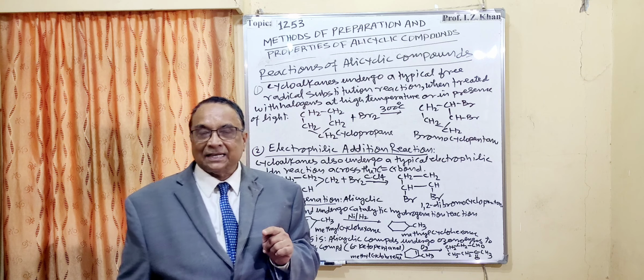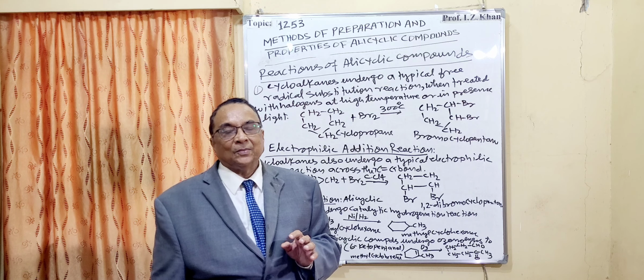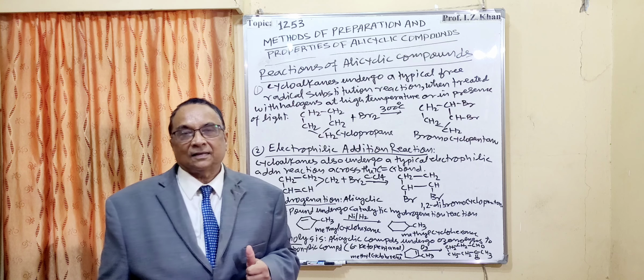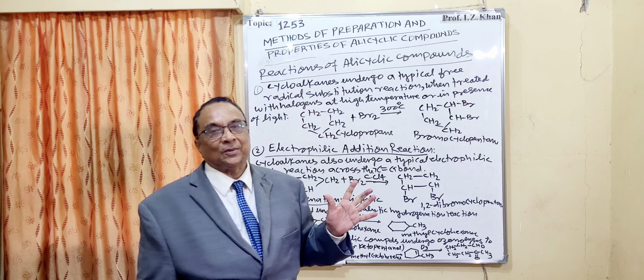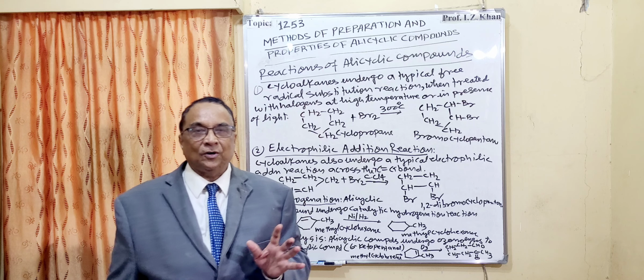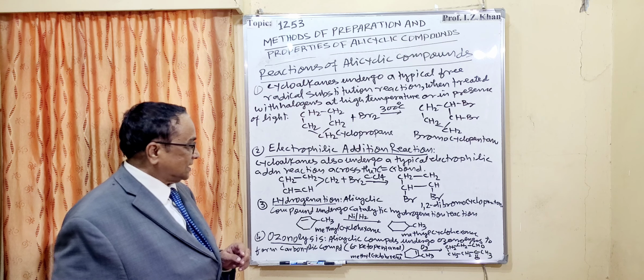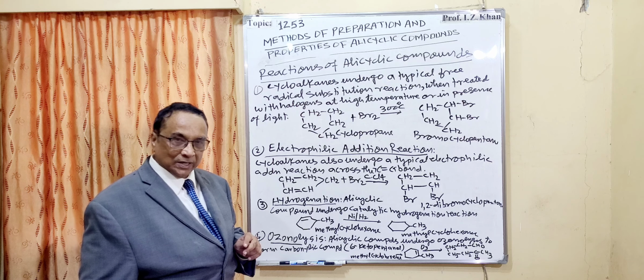If I say Raney nickel, it means it is extra pure nickel, because if you are taking ordinary nickel, the reaction will not take place. So it will undergo hydrogenation and you will get methylcyclohexane.